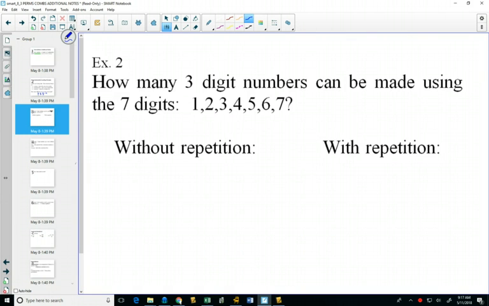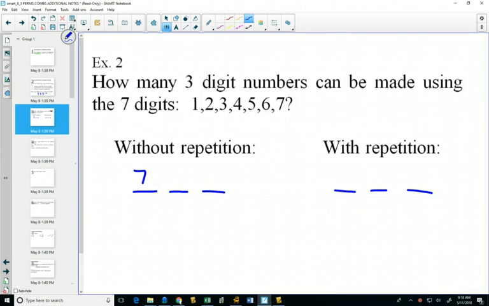Now we've done questions with numbers, so if I have the numbers 1 through 7 and I wanted to make a 3-digit number, 3 decisions to make, if I wasn't allowed to repeat a number, once I used up the 7 it was gone, or if I used up the 5 it was gone, well I would have 7 choices for my first number, because it could be any of the 7.